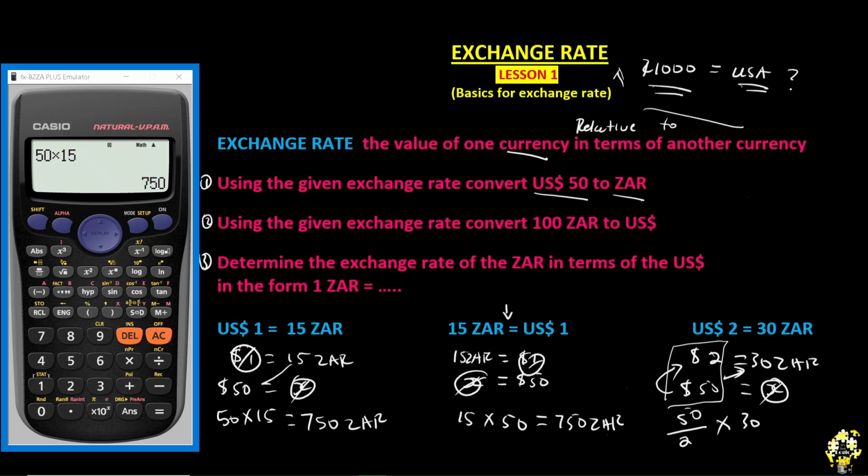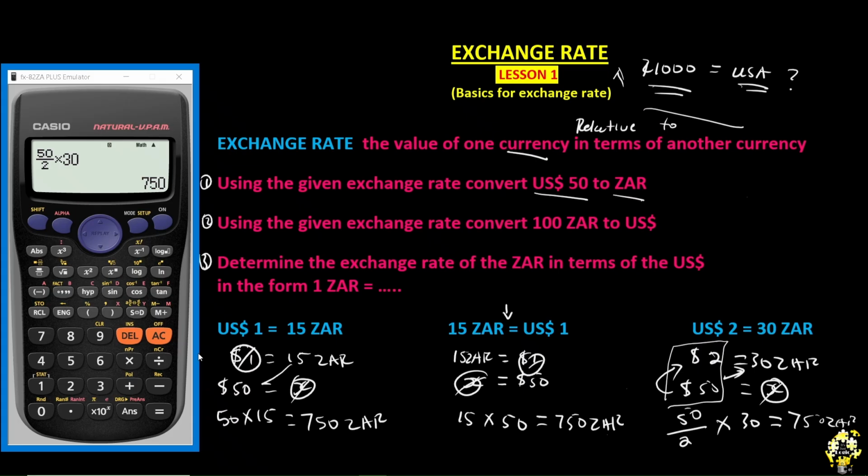And we are going to prove that. So let's start here. We are doing it in one step to make things simple and easy. So we are saying that 50 when you divide by a 2, and then you multiply by a 30, you see, you get 750 South African rands.